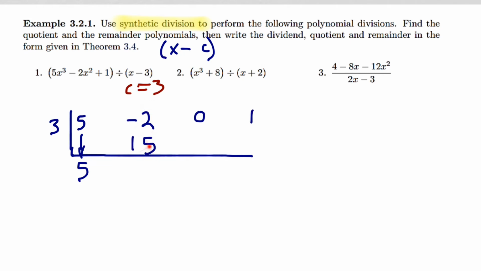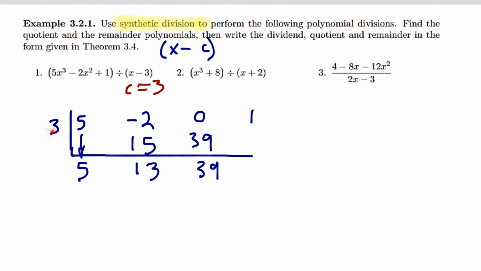Now you add these two numbers together and you put it underneath that column. Okay, now I do it again. We multiply 3 times the bottom number, you get 39, you bounce up and you put it next, like a zigzag pattern. Now you add these two numbers together and you put it down below. And we do it one more time.